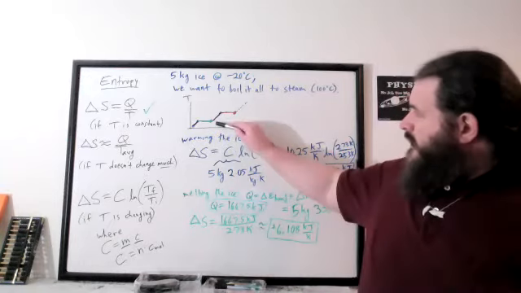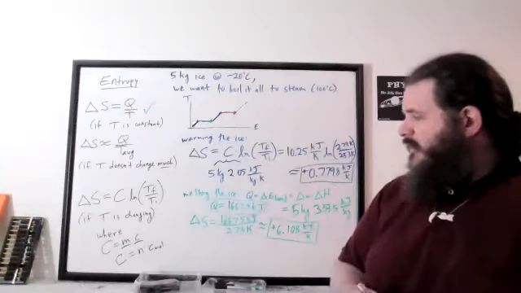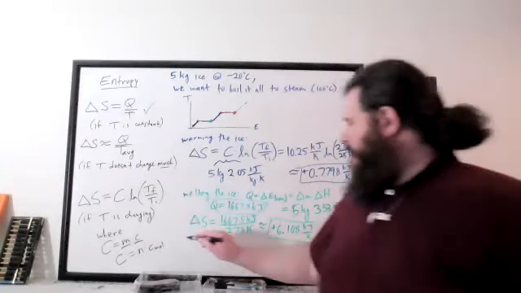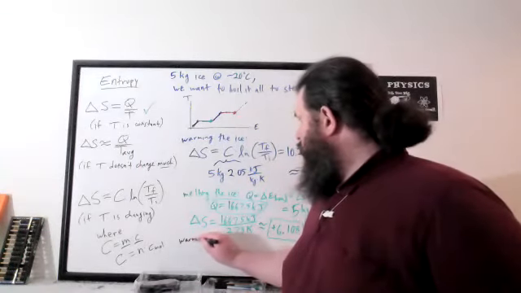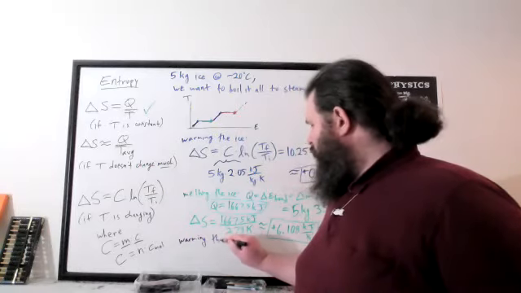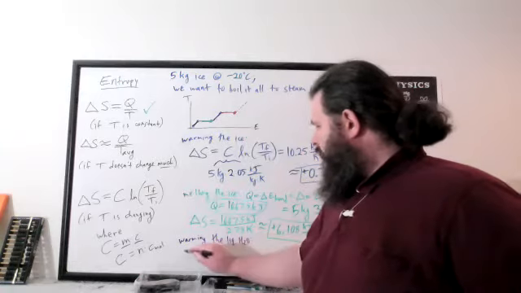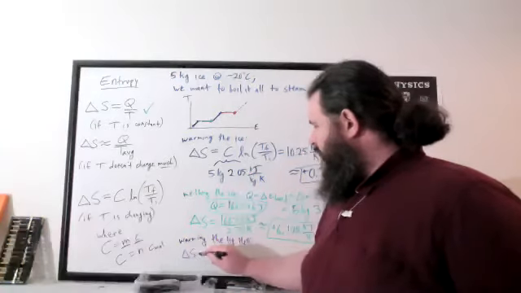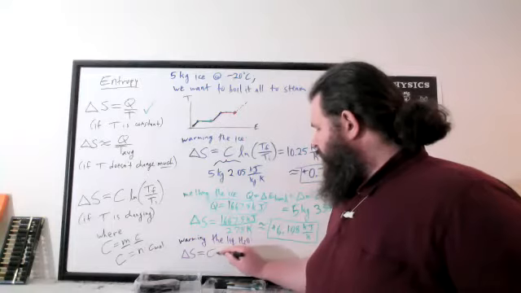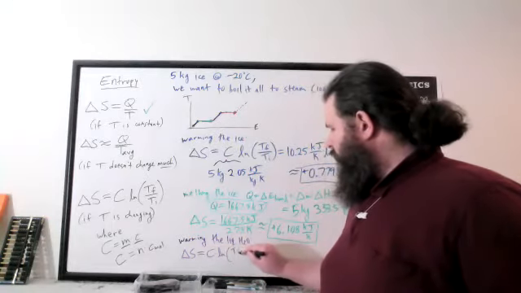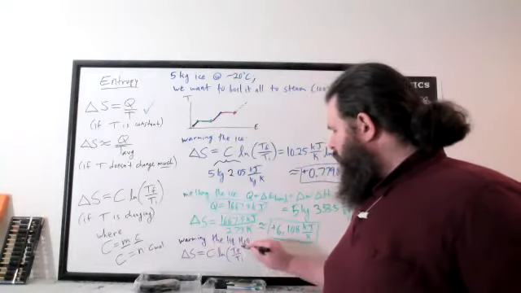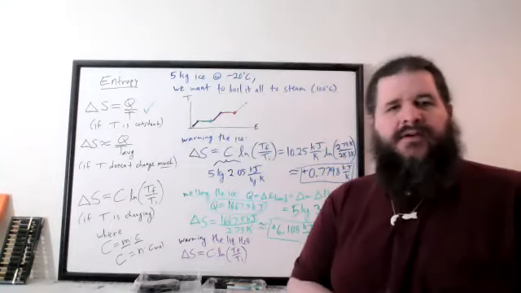And then the next process, we're warming up this liquid. So what formula should we use for that? Heat capacity times the natural log of temperature final over the initial temperature. Yeah, that'll give us the exact value. And you could also use heat over average temperature.